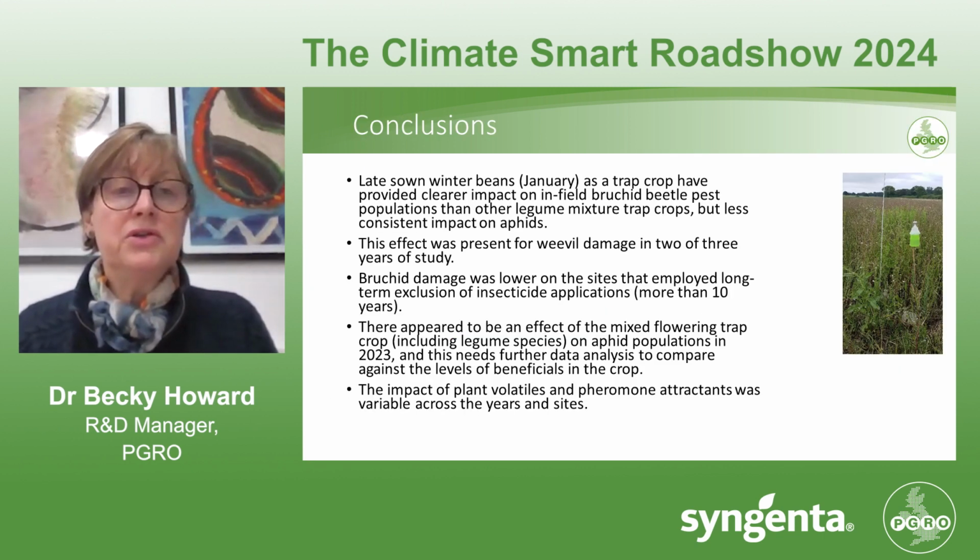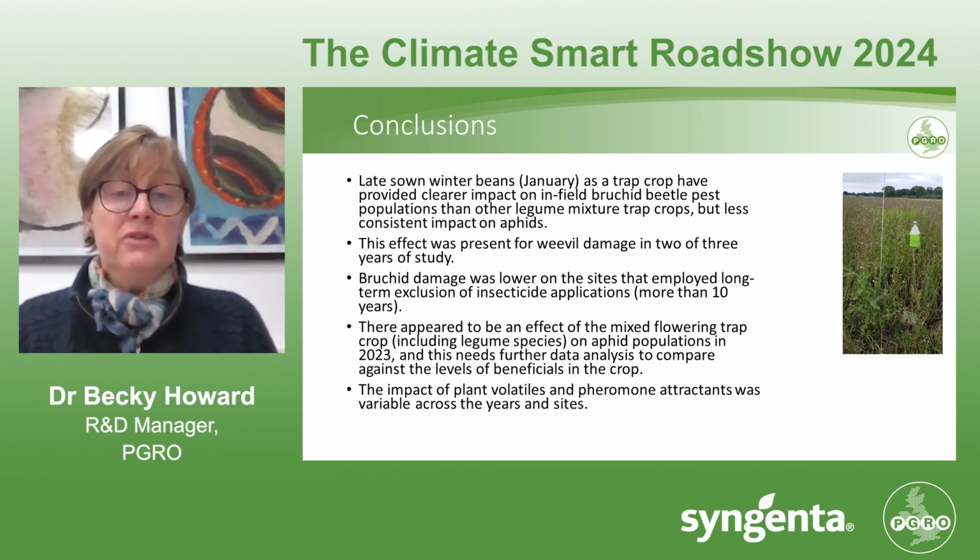So overall conclusions: late sown winter beans sown in January as a trap crop have provided a clearer impact on infield bruchid beetle pest populations compared to the legume mixture trap crops, but less consistent impact on aphids. The effects were present for weevil damage in 2 of the 3 years of the study, and bruchid damage was lower on the sites that had no insecticides used for more than 10 years.